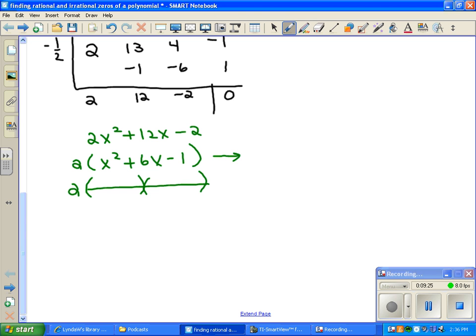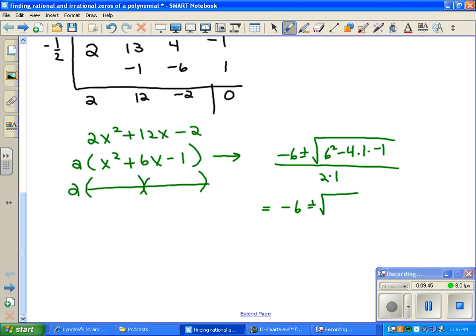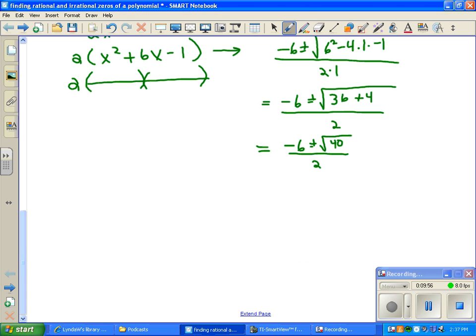Okay, don't worry about the 2. We're just going to work with the coefficients 1, 6, and negative 1. So I want the opposite of 6 plus or minus the square root of 6 squared minus 4 times 1 times negative 1 all over 2 times 1, which gives us negative 6 plus or minus the square root of 36 plus 4 all over 2, and negative 6 plus or minus the square root of 40 all over 2.